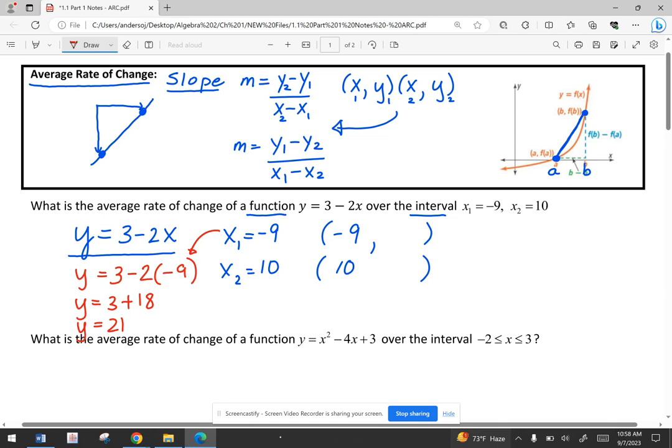So now I know that I can put 21 here in the value. So now I have an x and a y for that particular point.